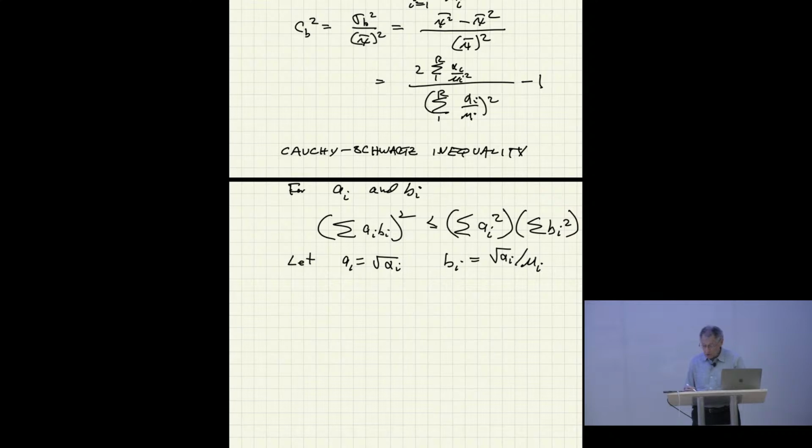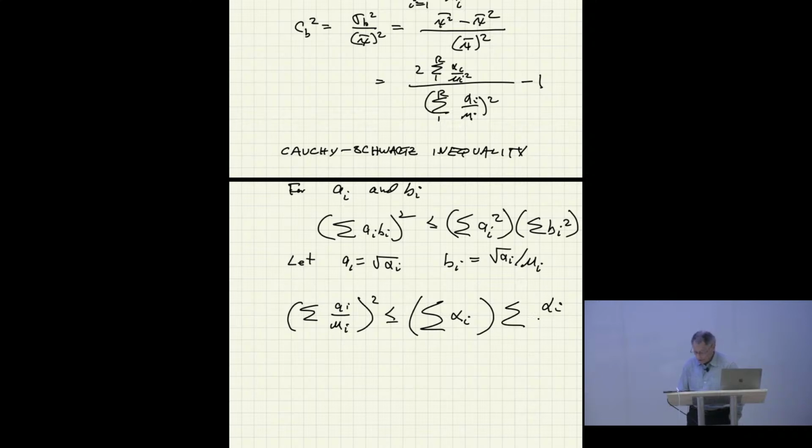And let's use the Cauchy-Schwarz inequality for the equation above. So Cauchy-Schwarz says that the summation of a i b i, which is alpha i over mu i, that quantity squared, is less than or equal to the summation of alpha i, that's a i squared, times the summation of alpha i over mu i squared.